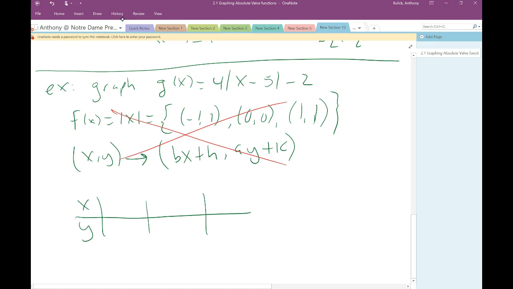So I'm going to pick 3 values of x. To graph an absolute value function, one of those 3 values of x must correspond to the vertex. It actually has to be the middle point in my little xy table. Remember, before we said the vertex was this point h comma k. Here I see my h value is positive 5, and my k value is negative 2.